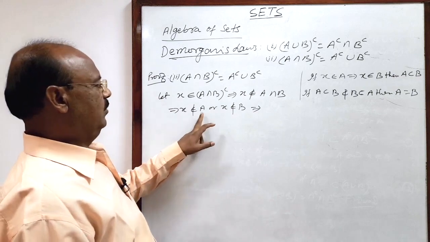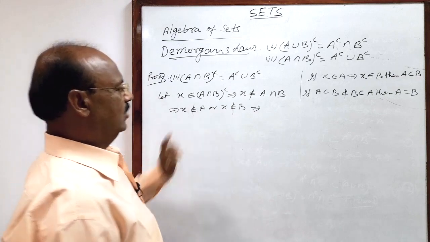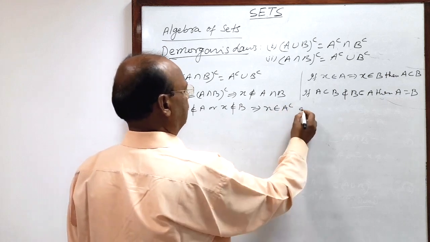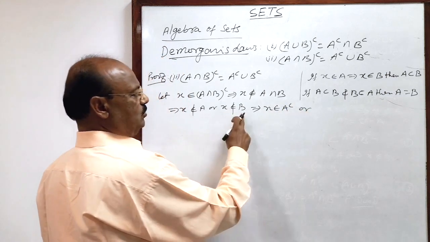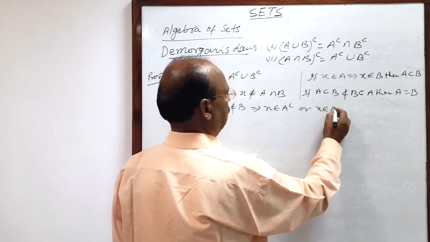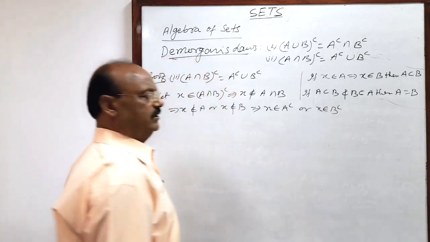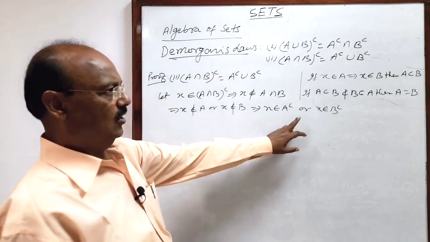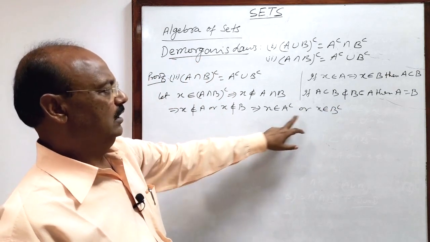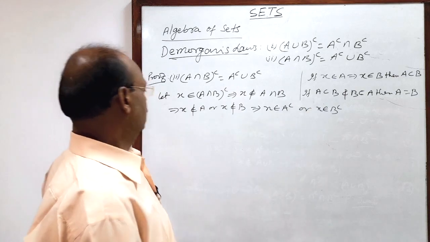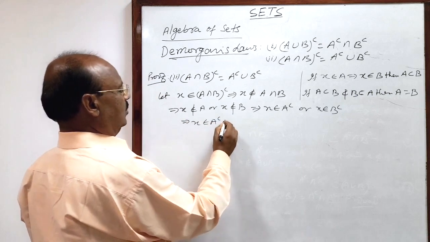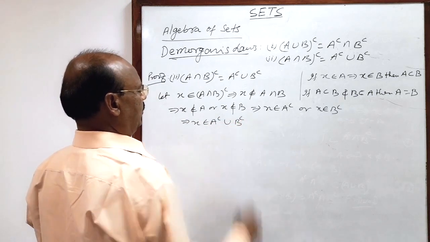If X is not belonging to A, X will belong to A complement. So X belongs to A complement or X belongs to B complement. Correct? And OR is here. So in place of OR, you will write union. So this implies that X belongs to A complement union B complement.